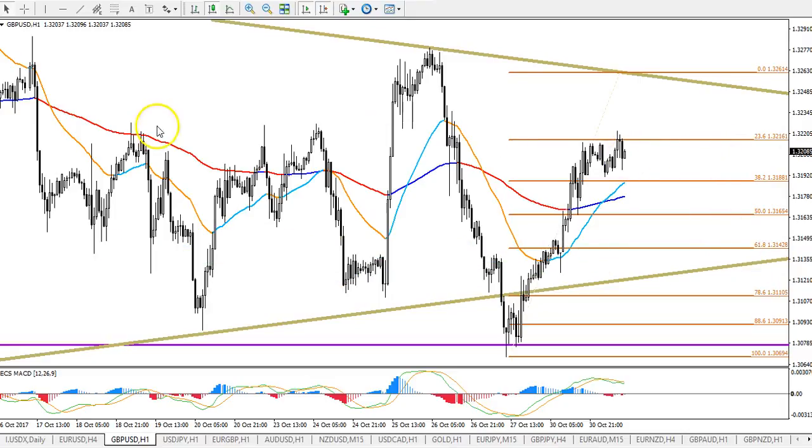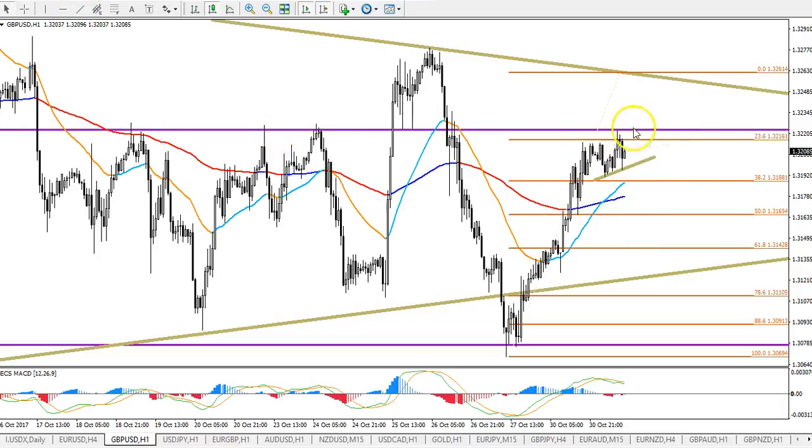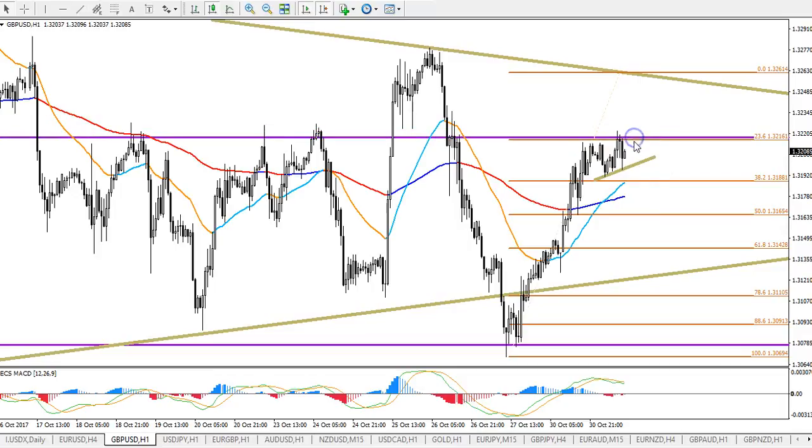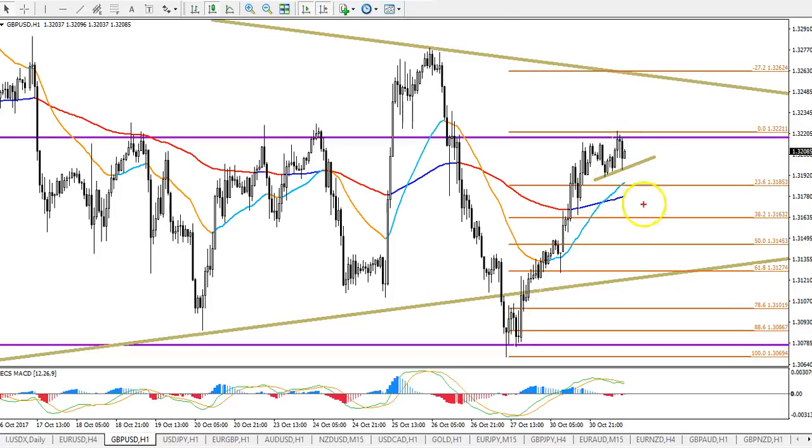If it doesn't break, because there is resistance at this point, right, but it instead goes to this support trend line like this, then there could be an immediate breakout, and in that case, there could be still the 61.8 as target, and there could be a counter trend breakout right here down to the 61.8 fib.